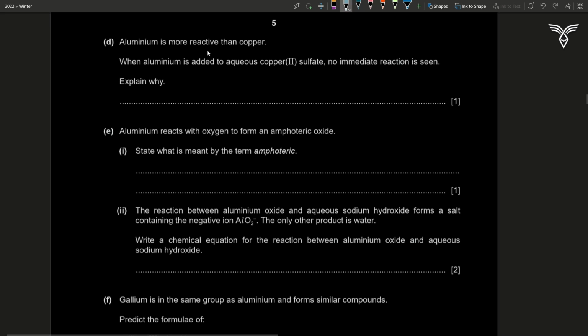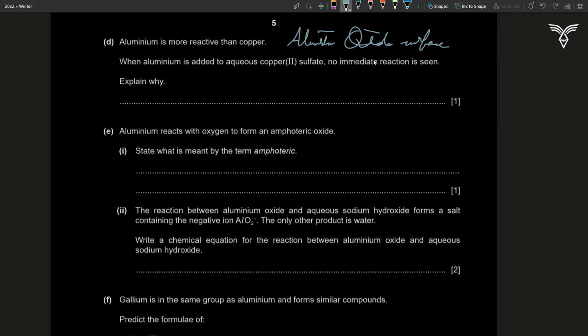Part D. Aluminum is more reactive than copper. When aluminum is added to aqueous copper 2 sulfate, no immediate reaction is seen. Explain why. We know that aluminum is a relatively reactive metal. It behaves just like iron when it comes to its surface. It quote unquote rusts, so it forms an aluminum oxide surface. This surface protects what's under it.